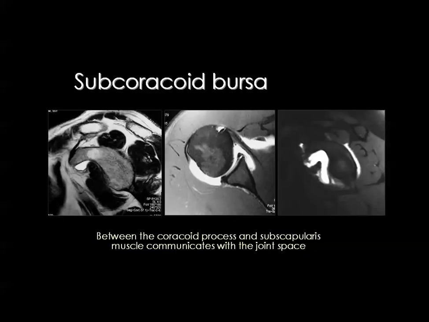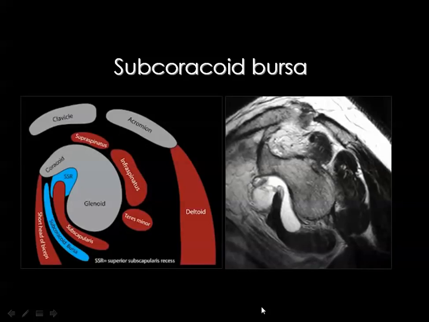But the subcoracoid bursa is present outside the subscapularis muscle, and you remember this drawing, and you can see the coracoid process. Underneath the coracoid is the superior subscapularis recess, and this recess is continuous with the joint. It will fill with fluid if the joint is containing fluid.